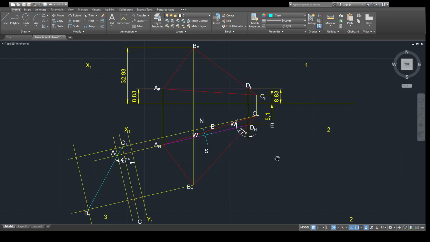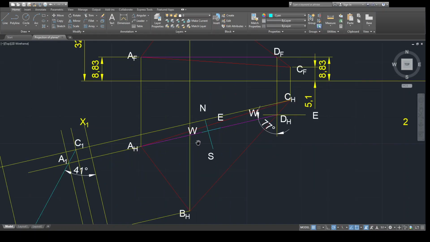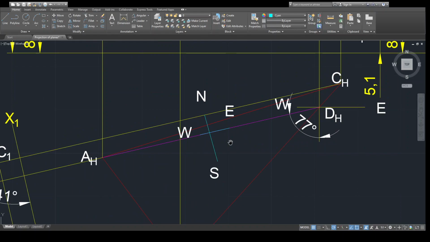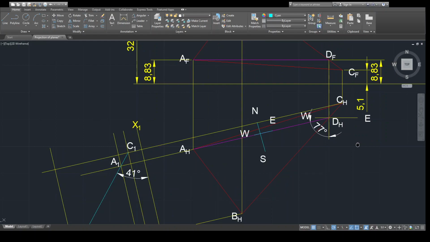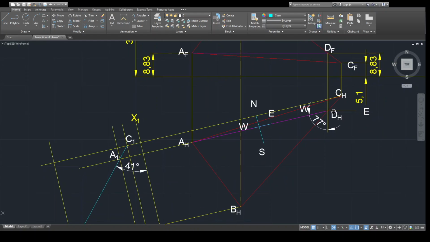Why north to west? Because of the lower side zone. This is our line, the perpendicular line to AHDH, and if you draw it correctly, I will move this.